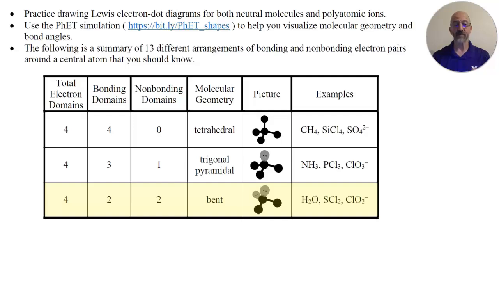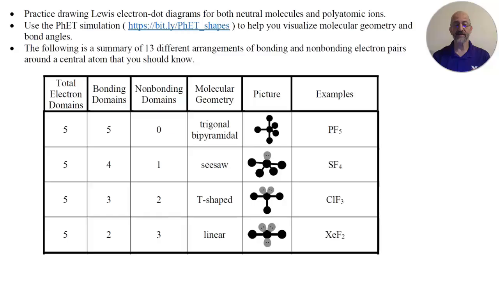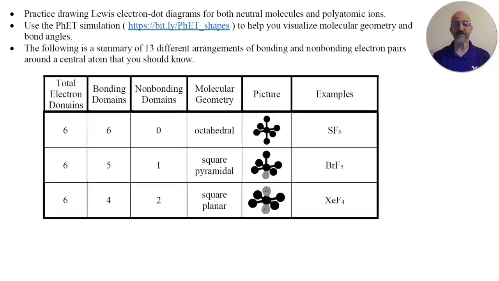Again, there are also examples of 5 electron domains, and the geometries include trigonal bipyramidal, seesaw, T-shaped, and linear, and then finally 6 electron domains around the central atom with geometries such as octahedral, square pyramidal, and square planar. So again, practice drawing Lewis electron dot diagrams and be familiar with the different arrangements of bonding and non-bonding electron pairs around the central atom.